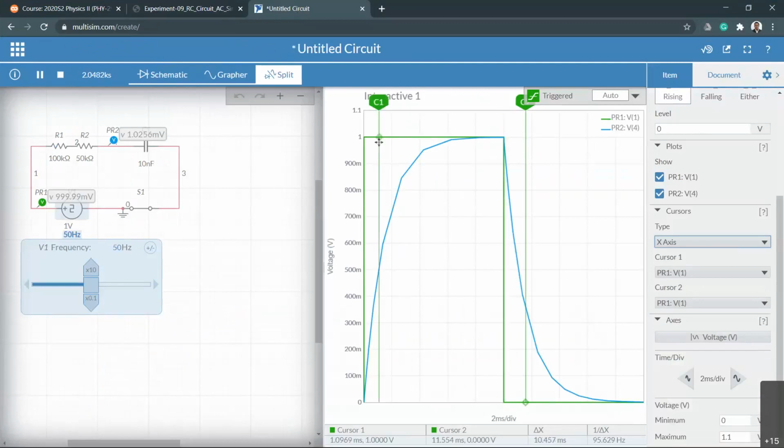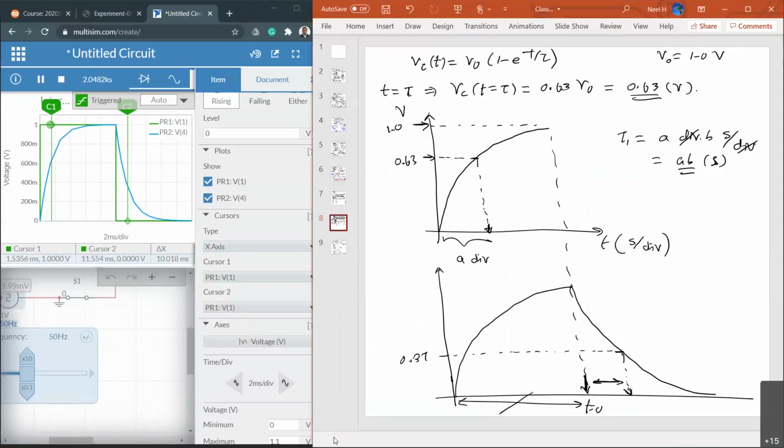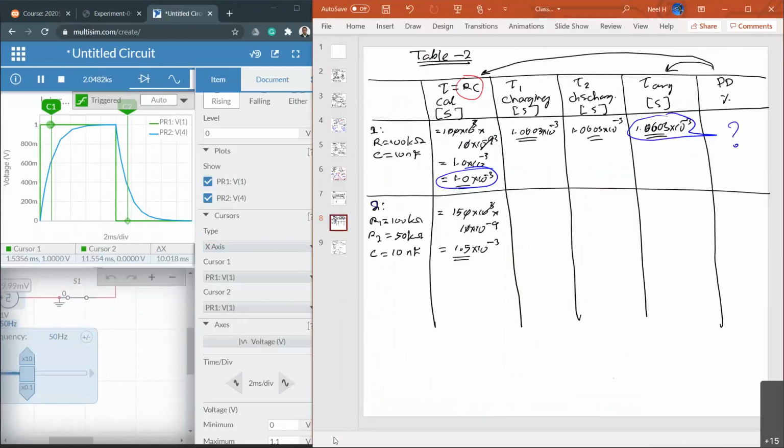So whenever cursor number 1 was here, you had the reading for tau 1. That is about 1.5356. Let's write that part down first. 1.5356 milli, okay? That means 10 to the negative 3 is still there. Now to measure this one, I have to do a little bit of adjustment.